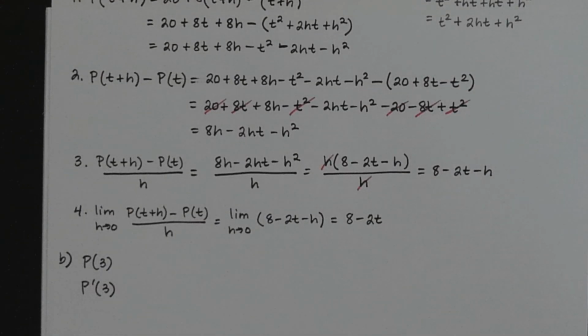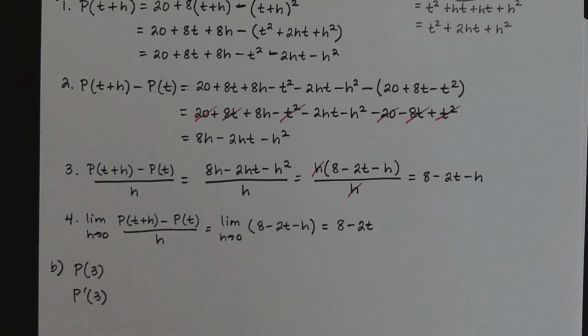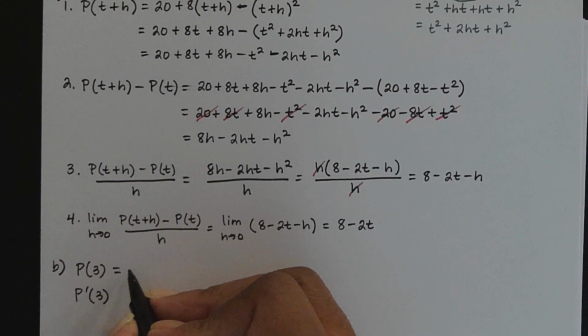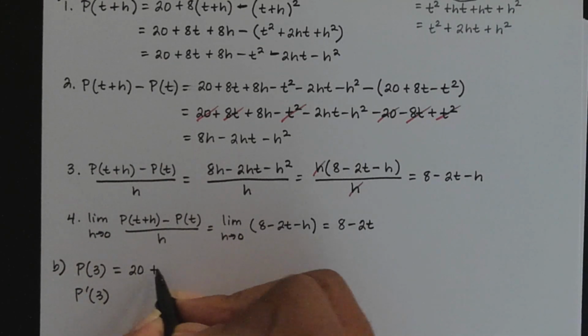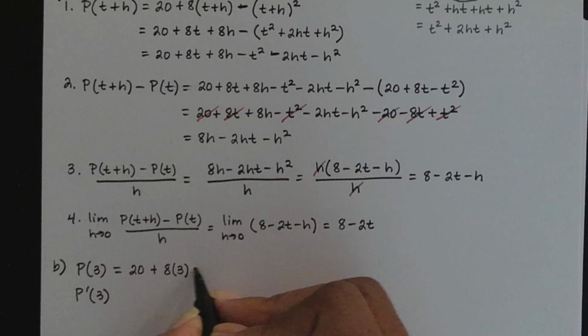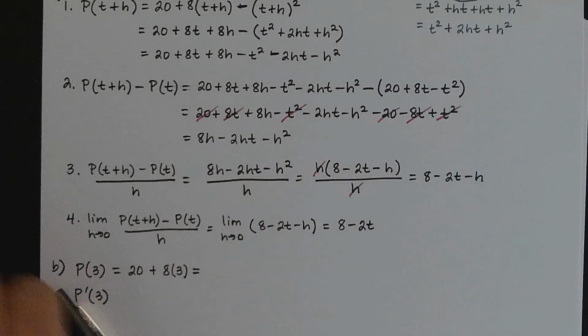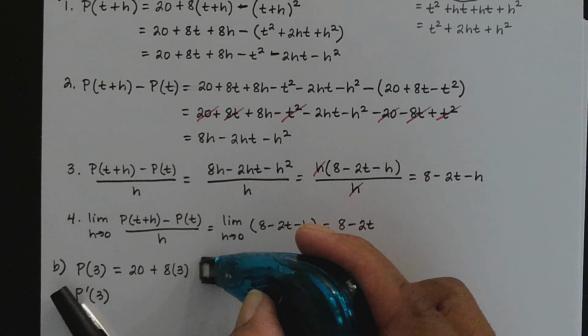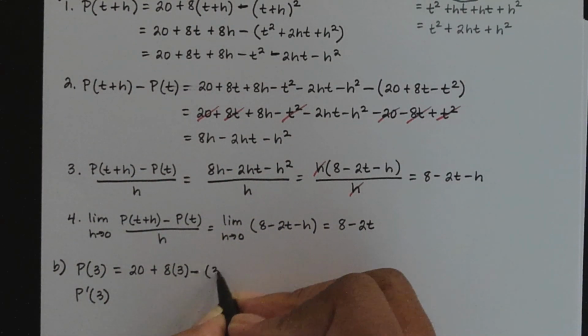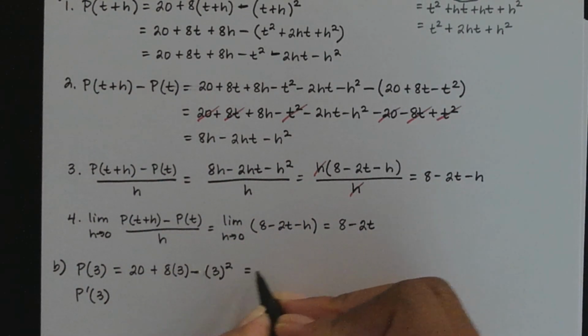Okay. So P of 3, we use that original function P of t and just substitute each t with the 3. So it'll be 20 plus 8 times t, which is 3, minus t, which is also 3, and then that's squared.